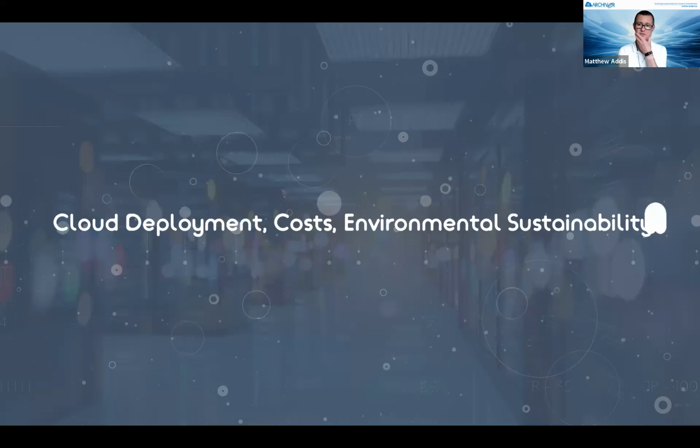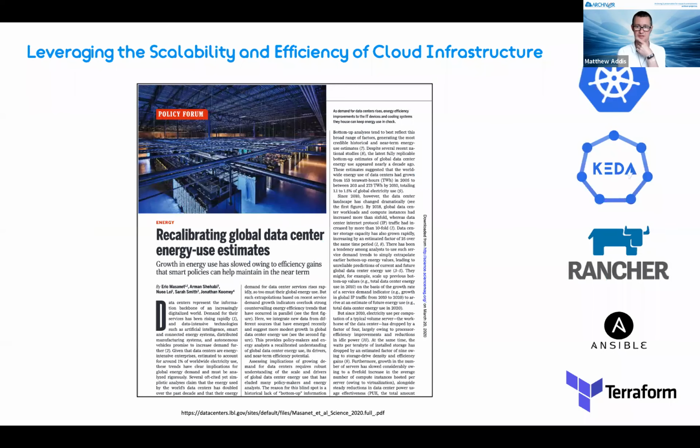So that sort of leads me on to the benefits of cloud deployment, sustainability, and costs. So we deploy our solution into cloud infrastructure, and that's because cloud providers are really efficient in their operations and economically incentivized to do so. So cloud providers such as Google are very energy efficient as well, and they increasingly make use of renewable energy sources.